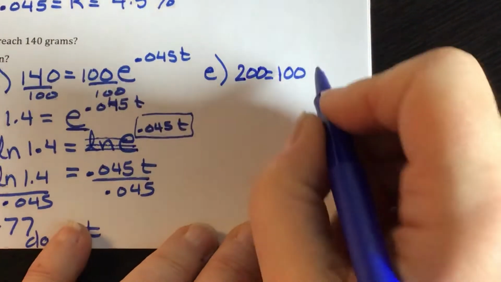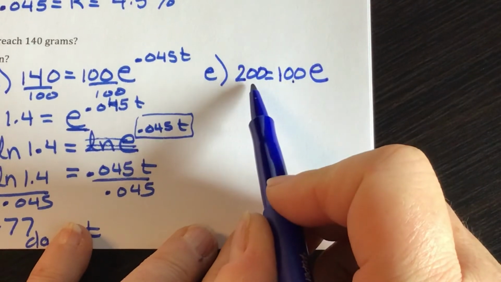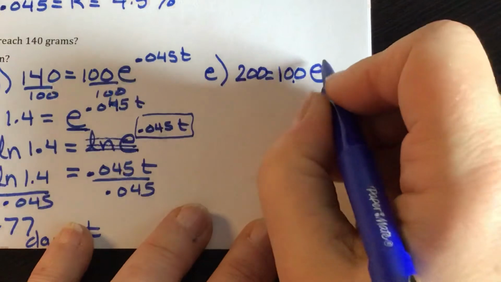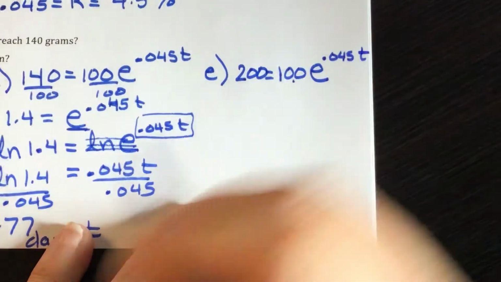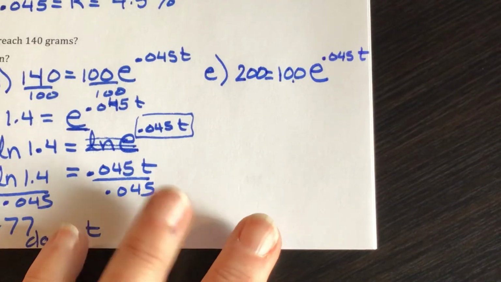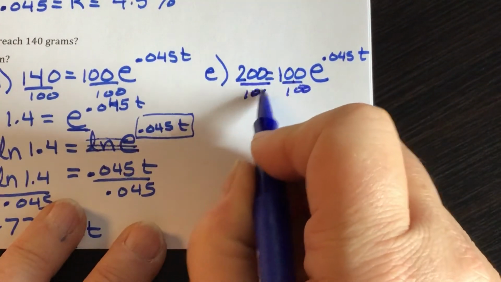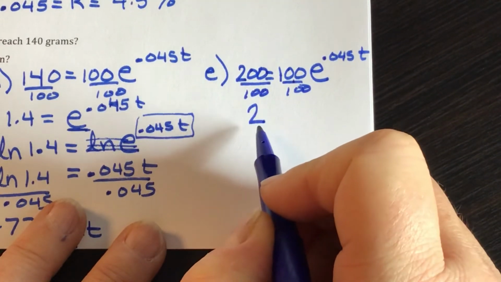So in my formula, I go from 100 to 200, and I want to know how long it takes to get there. My rate is still 0.045, and I'm finding t. Now when I divide both sides by 100, I get 2 here, and that makes sense because I want to double my amount.